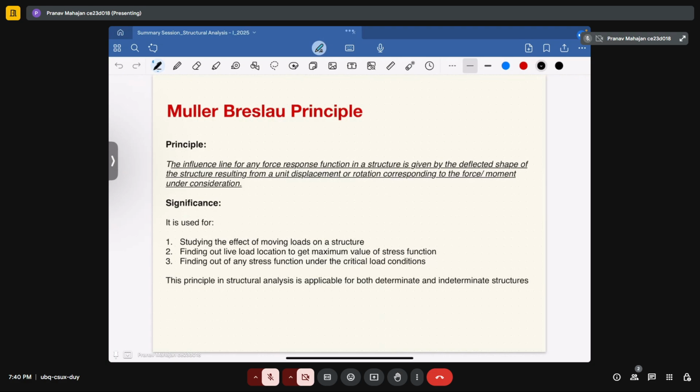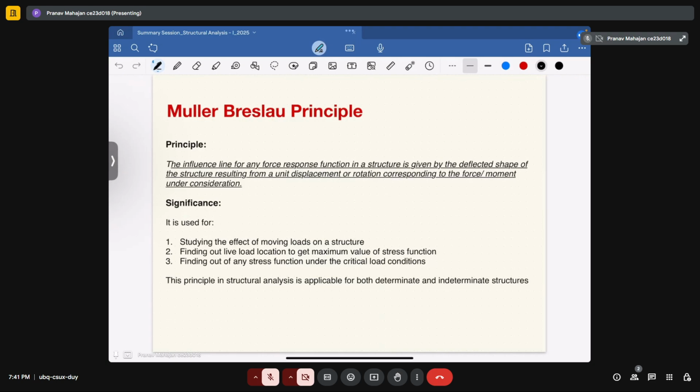Another question is, what is the significance of this principle? It is used for studying moving loads on the structure as part of the influence line diagram. It will also help in finding the live load location to get the maximum stress value in the member, and in finding any stress function under its critical value.